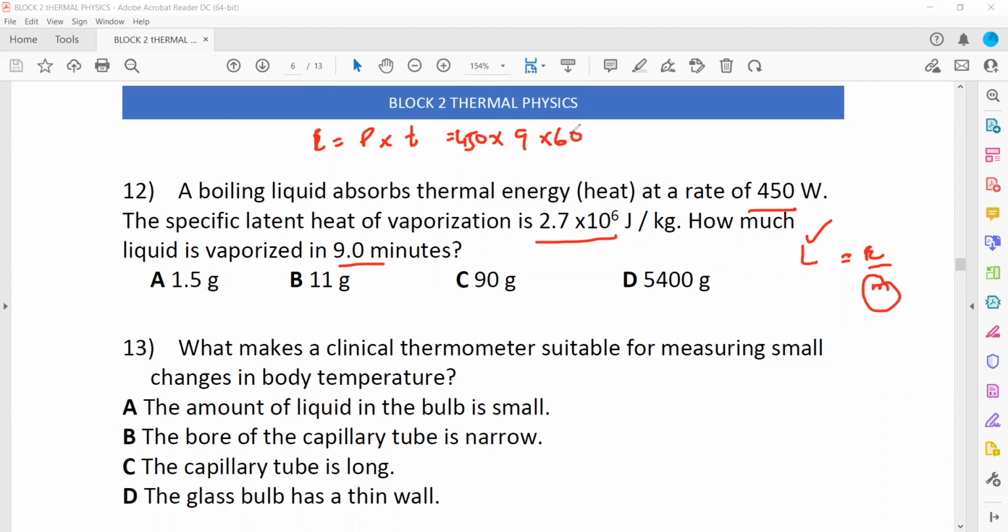So 450 multiplied by 9 multiplied by 60 will give us 243,000 joules. So energy is 243,000, divided by mass, and the latent heat is 2.7 into 10 to the power 6.